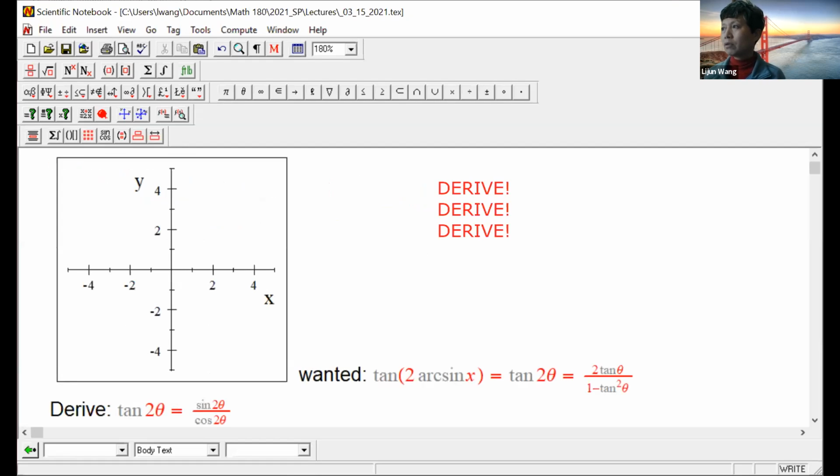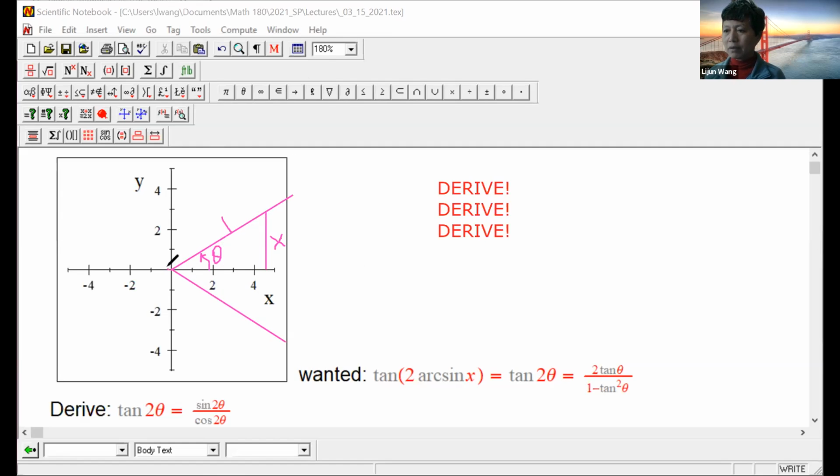Okay. So now, what is cosine theta? The terminal side is in the first quadrant or the last quadrant, quadrant number 4, and this is theta. And this is the triangle, and this is the x, and this is the 1.